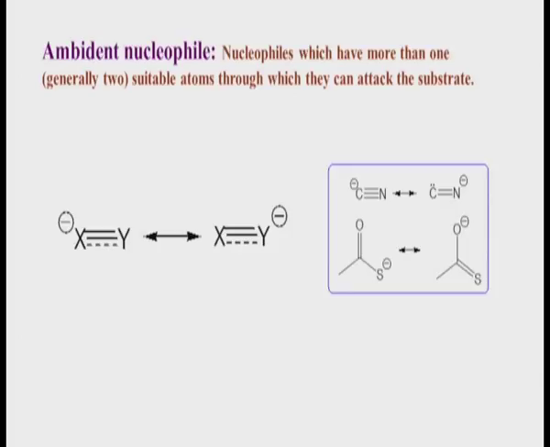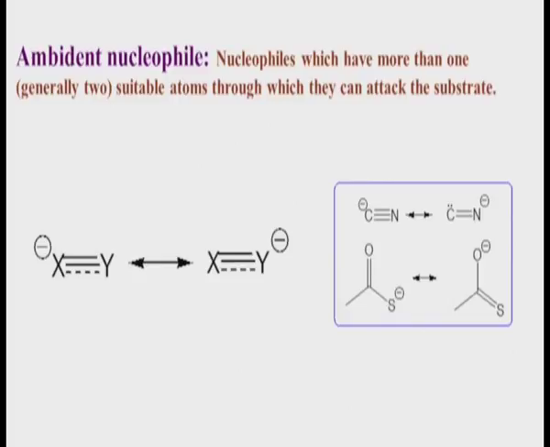So, when a species has a negative charge that is not localized but delocalized, sometimes with the X atom, sometimes with the Y atom, it can bite as if with several teeth onto the substrate which is positively charged, that is C plus. That sort of nucleophile is called an ambident nucleophile.